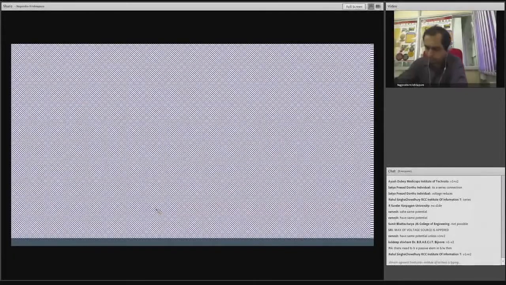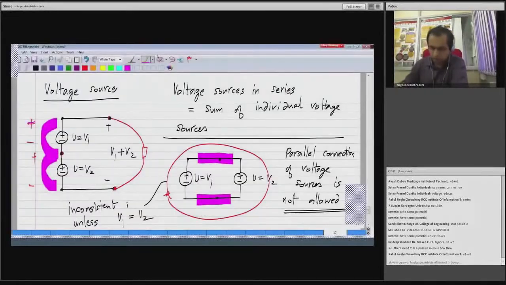The bottom line is there is no such thing as an ideal voltage source. You can connect things in parallel, but some current will flow, and the voltage across each battery will be different from the ideal value.